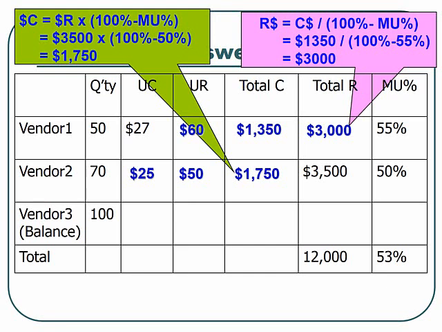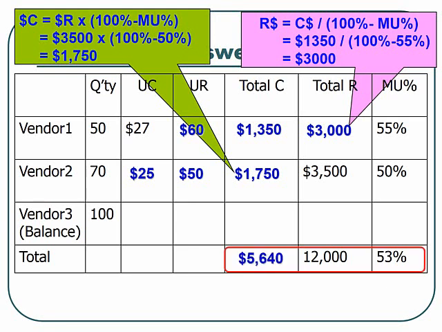In the total row, we know 2 pieces of information, the total retail value of the total merchandise, as well as the markup percent for the total merchandise. So given these 2, we can also figure out the total cost value of the total merchandise, right? This is the same case as the previous case. So RCM relationship, again, remember the RCM relationship. So how do we calculate total cost for total merchandise here?